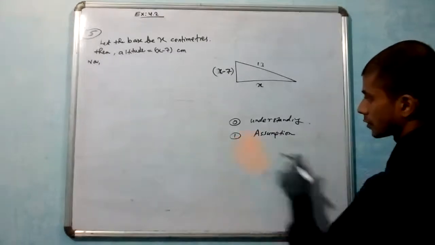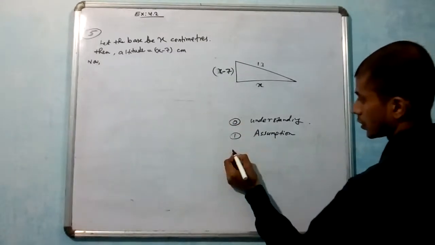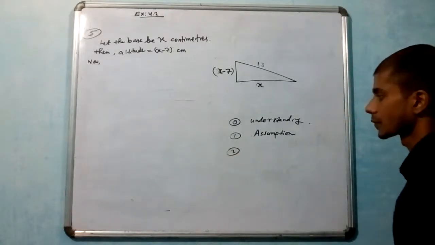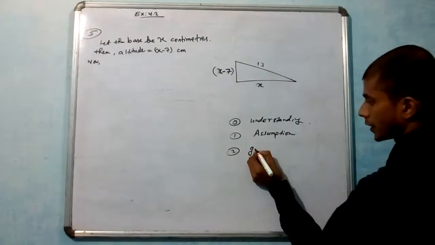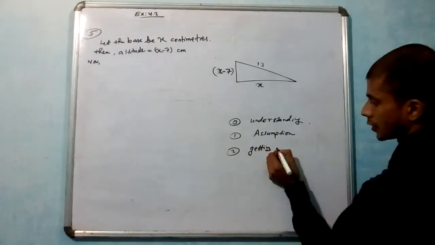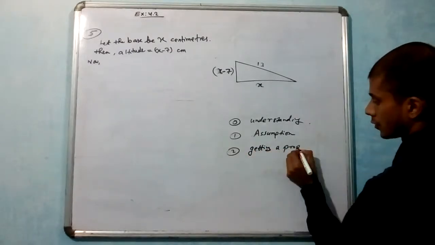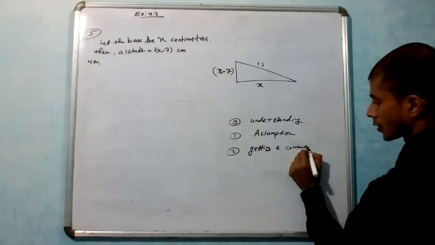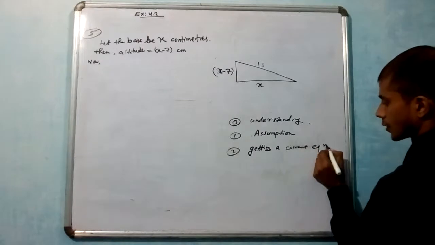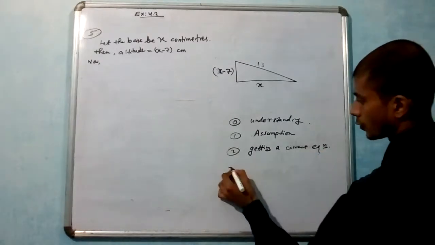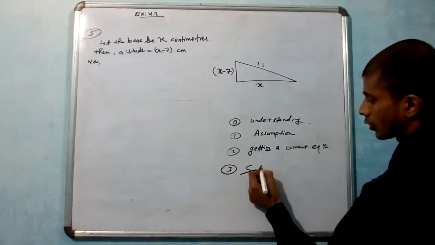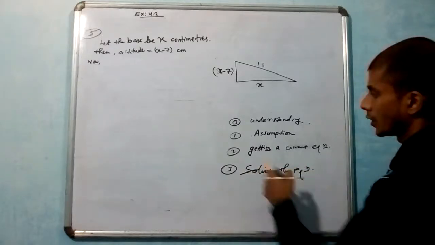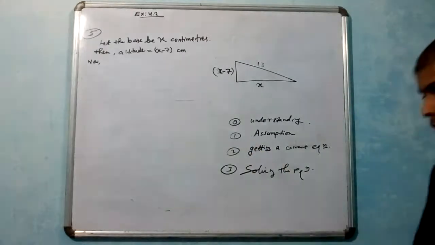Third thing is getting a proper or correct equation. And then the fourth step, solving the equation. Whenever we face a word problem, we have to go like this.